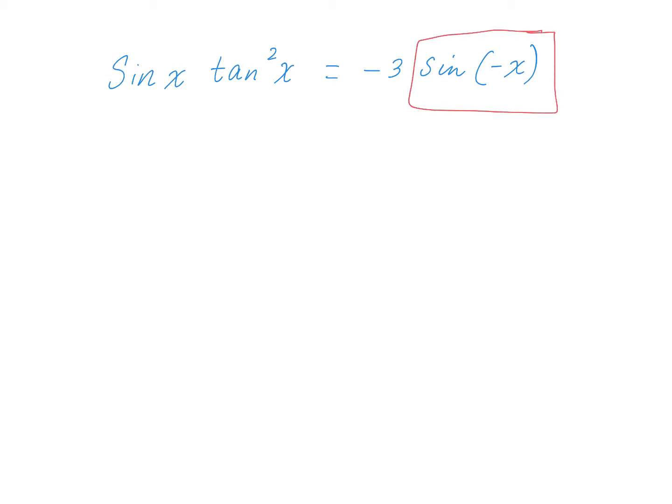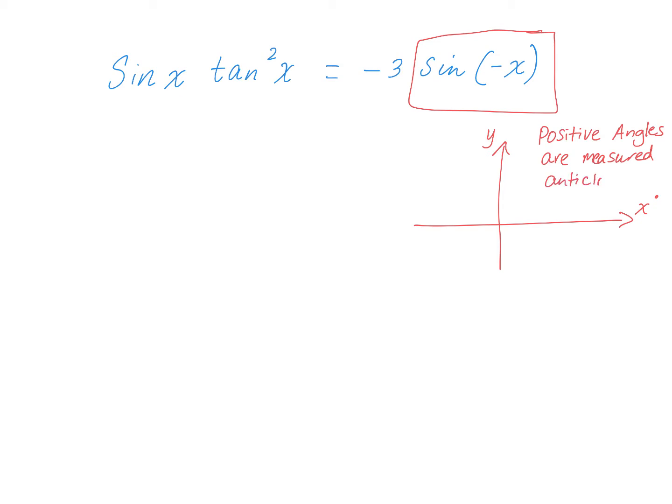So in trigonometry, all positive angles are measured anti-clockwise. Let's take the x-axis to be 0 degrees.